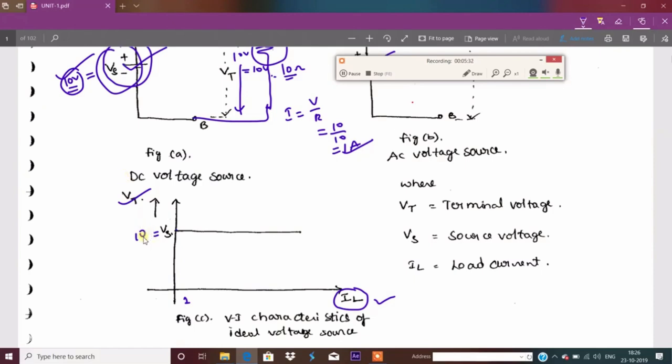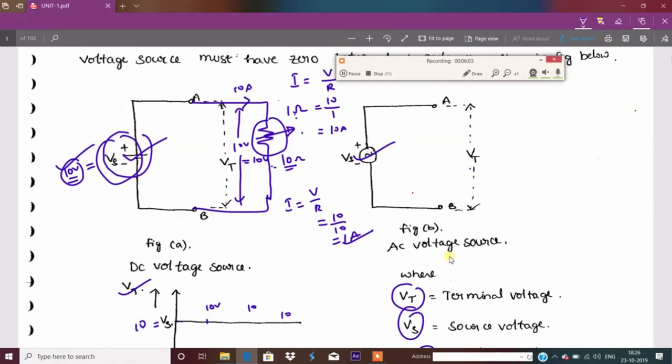If it is 2 amperes, the voltage across the load is 10 volt only. 3 amperes, 10 volt only. 4 amperes, 10 volt only. The voltage is constant irrespective of the load current. That is the characteristic of the ideal voltage source. I hope you understand the terms VT, VS, IL that I am using in this concept.